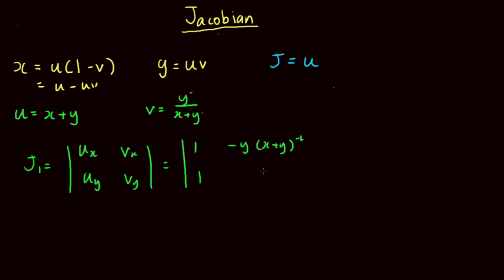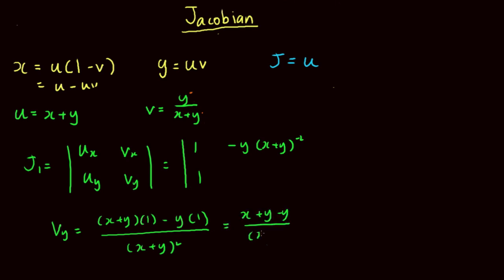For the case of vy, if you're differentiating, it is simply x plus y times 1 minus y times 1, which just becomes x.